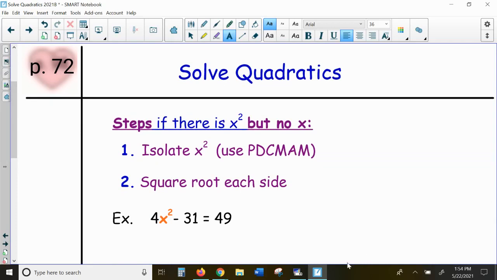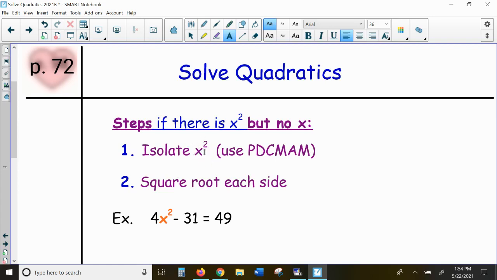So the title at the top is Solve Quadratics. And these are going to be the steps if there's an x squared but no x. So there are only 2 steps. You're going to first isolate x to the second power. Remember, isolate means get it on the side of an equal sign all by itself. So get the x squared all by himself.